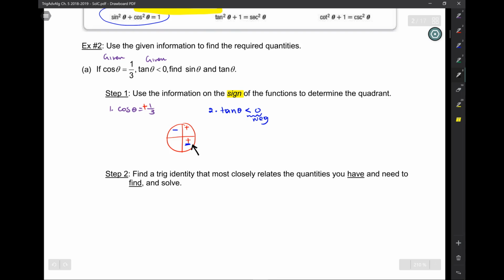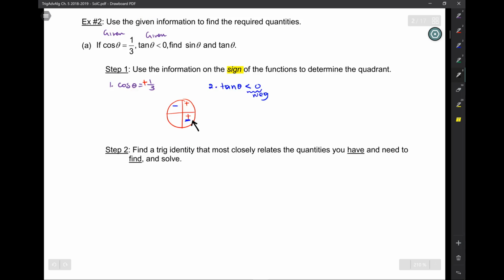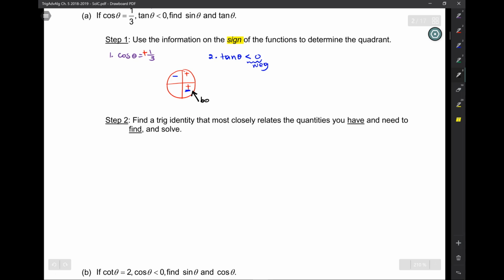So both conditions are met in quadrant 4. That's the first part: figure out the quadrant.